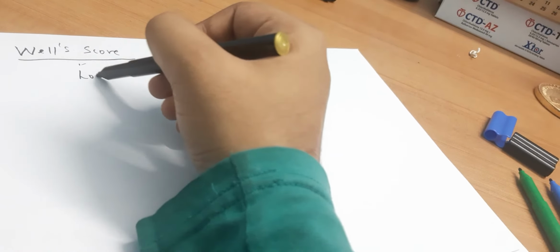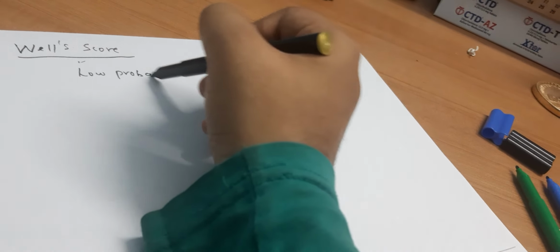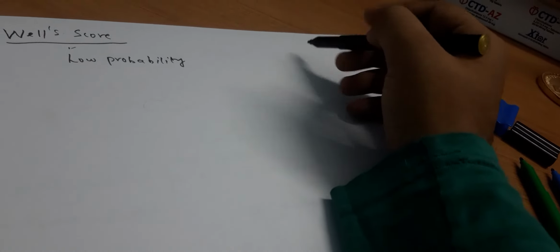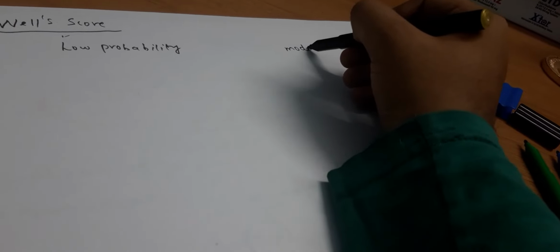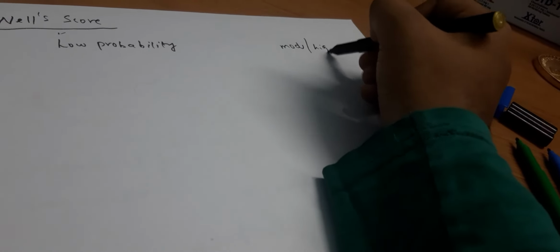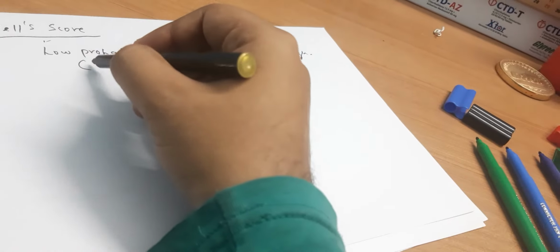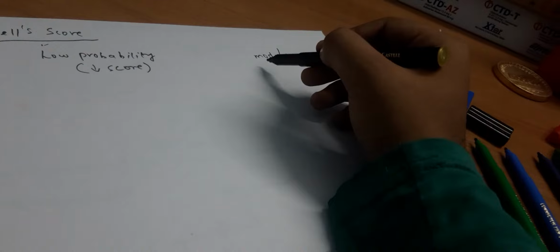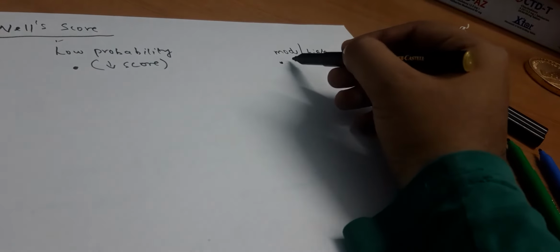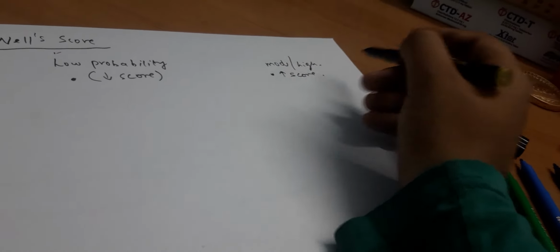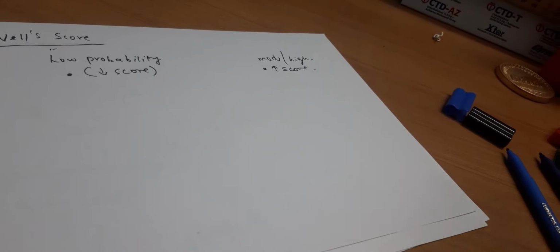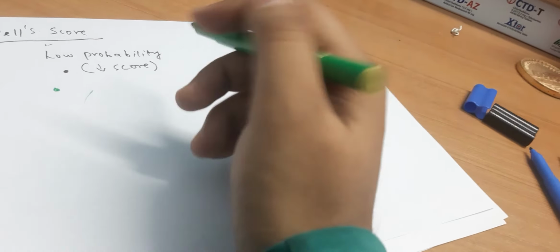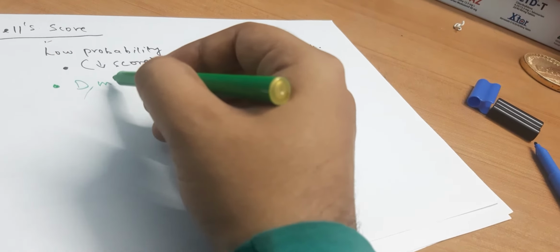First of all, I will write here the low probability, and here I will write moderate to high probability, right? Low probability will get a low score, and okay, this will get the high score. Very important thing. First of all, in this we see the D-dimer. Okay.